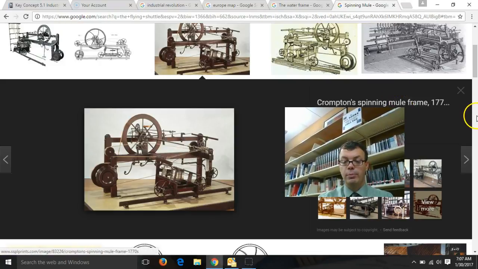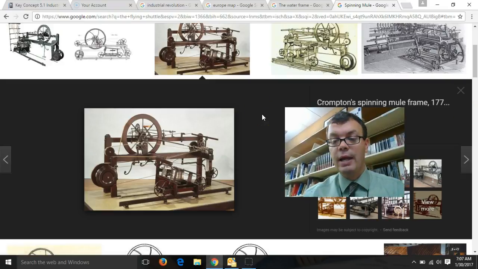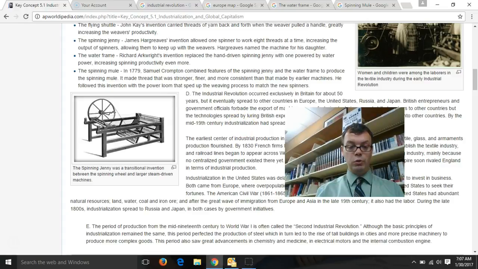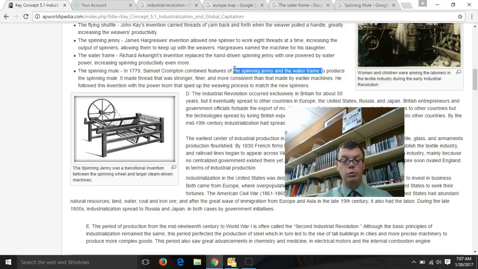We'll get to our last one here, and that would be the spinning mule. What the spinning mule basically does is combine the features of the spinning jenny and the water frame. So spinning jenny, water frame, and it makes threads stronger, finer, and more consistent than earlier machines.